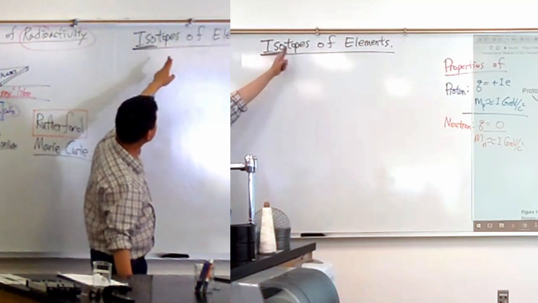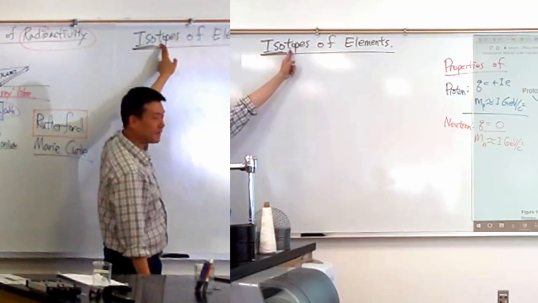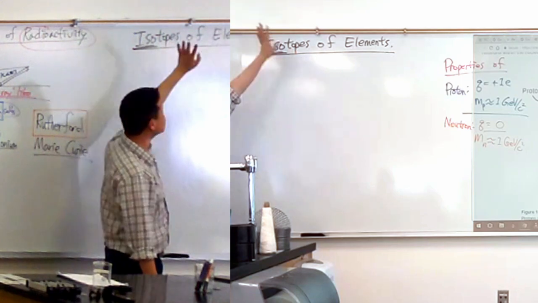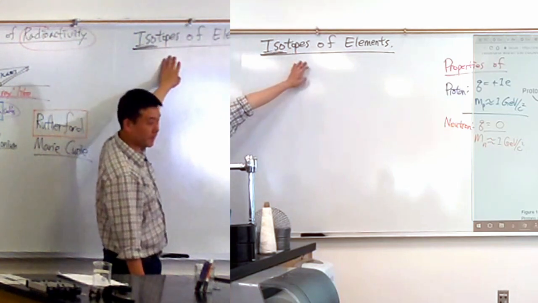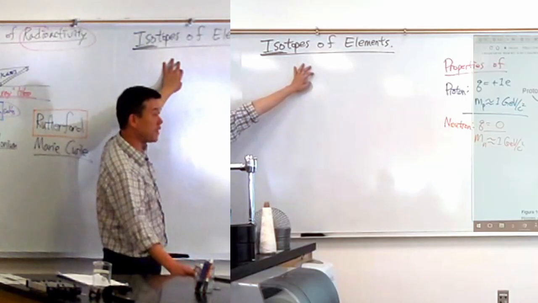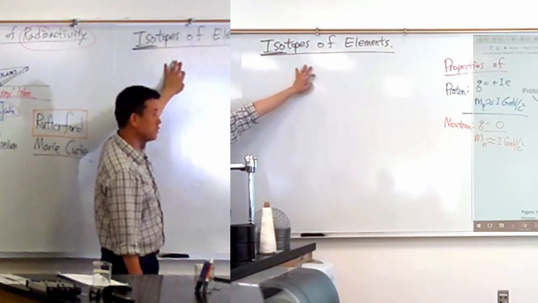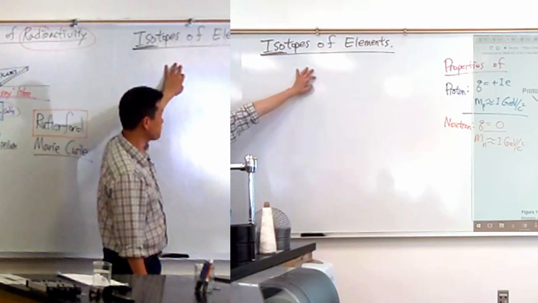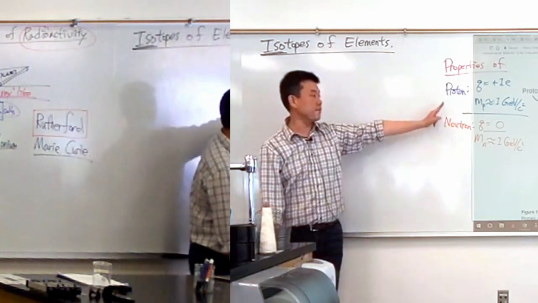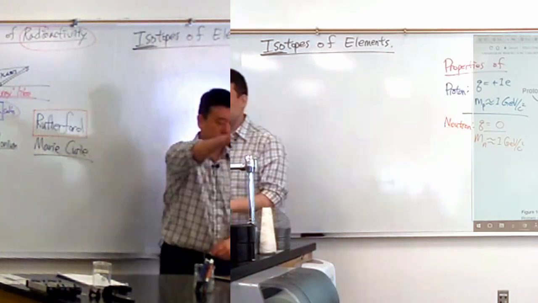So it has an equal number of protons. When you're referring to an isotope of a particular element, you are looking at particles which have the same number of protons. This is what I mean.